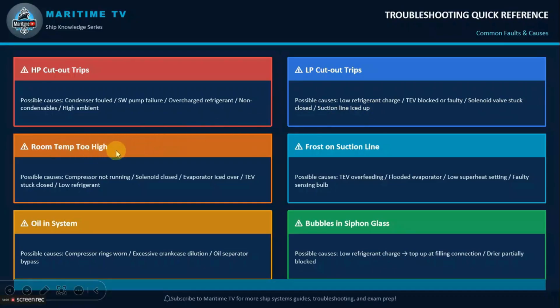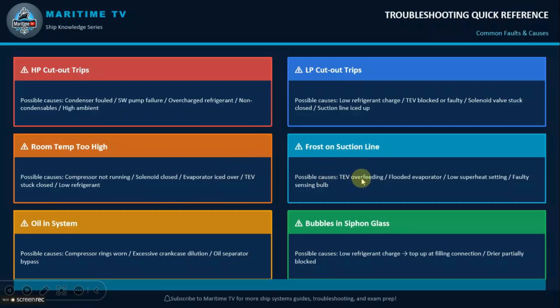Room temperature too high. Possible causes: compressor not running, solenoid faults, evaporator iced over, thermal expansion valve stuck closed, also low refrigerant. Frost on suction line.